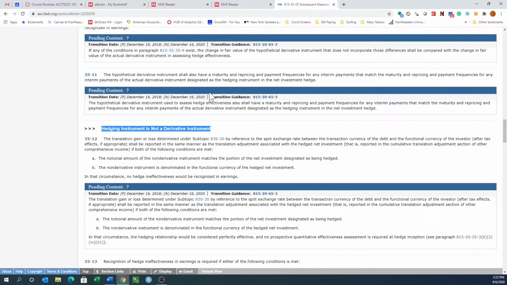So in the derivative accounting, this is the only place where you're going to see this. You can use an on-balance sheet item and get the favorable accounting, where any changes in the FX piece of the fair value also go through OCI.